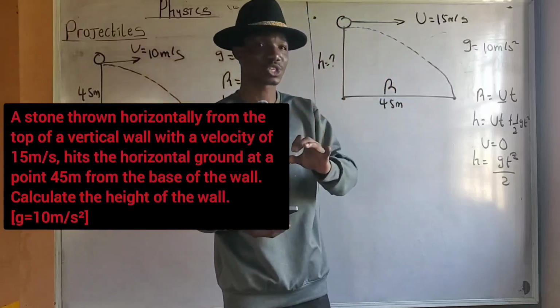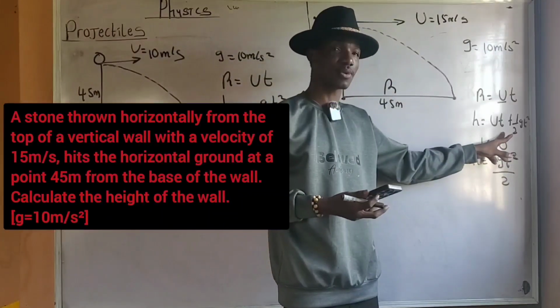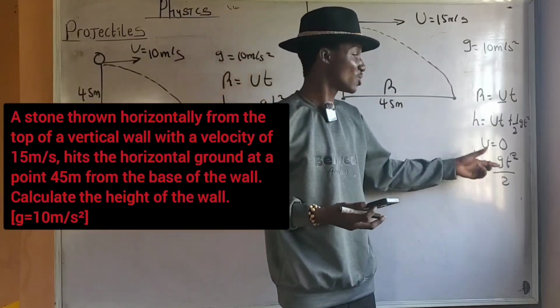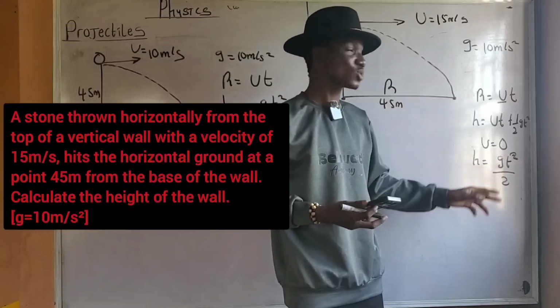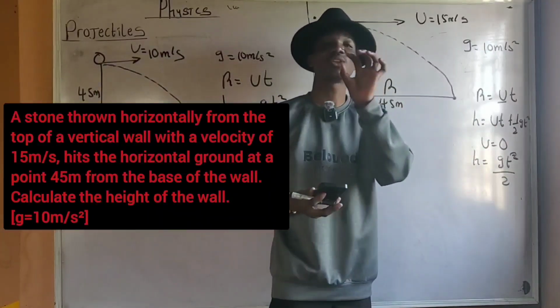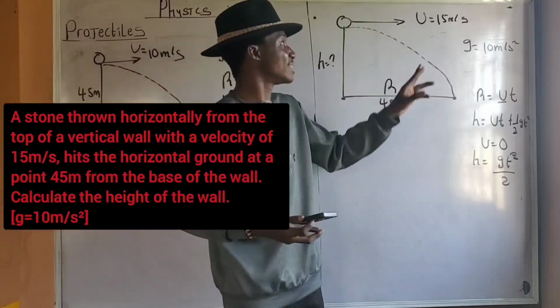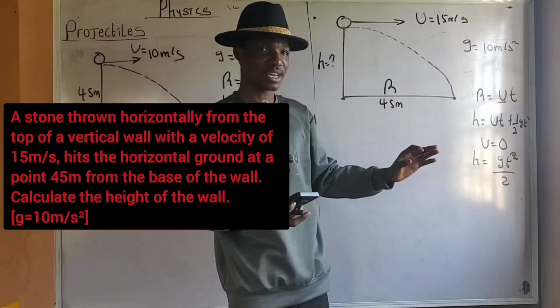But for the downward motion, the initial velocity is 0, and that is why we have U as 0 in this formula. So don't confuse yourself: the U here is different from the U here. The U here is the velocity with which the ball is launched, and that velocity is 15 meters per second. I just want to clarify that.